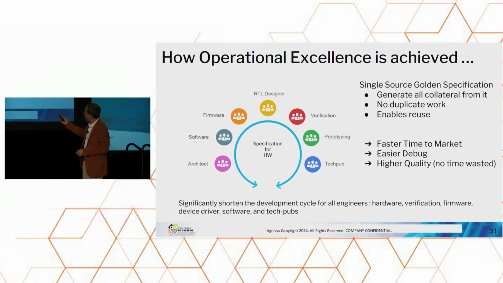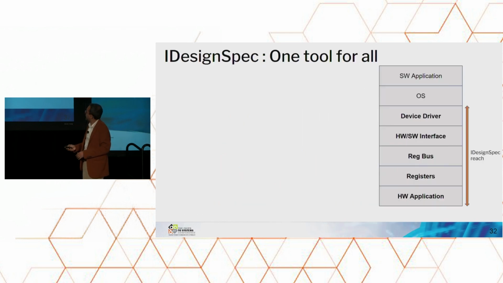And a lot of engineers get affected by this approach. That's where I said operational excellence for the whole team. The hardware, verification, firmware, device driver, software, tech pubs, everybody gets affected by it. So it really changes. So the iDesign Spec tool that we have is like one tool for all the stack of things that you need to do.